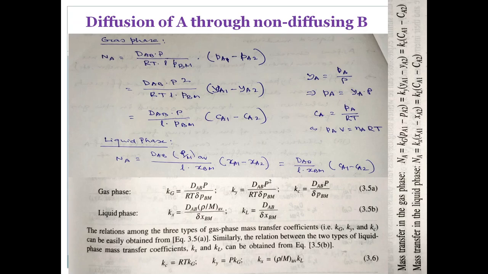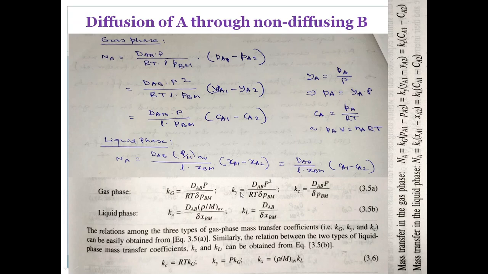Now let's take kc. What is the relation between kc and kg? If you multiply kg into RT, then it will cancel out, then it will be kc, so kc equal to RT kg.